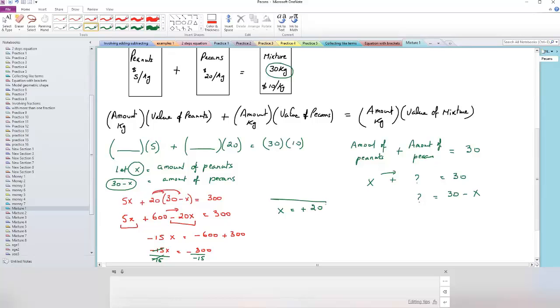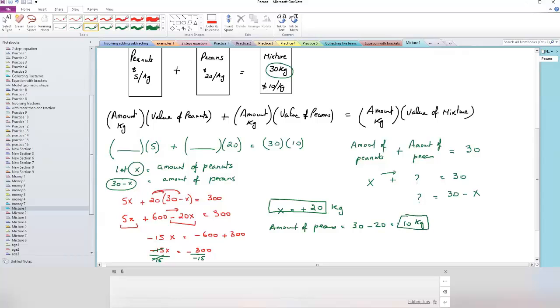That means I have 20 kilo of peanuts. What about the amount of pecans? It's 30 minus the 20, which means 10 kilo.